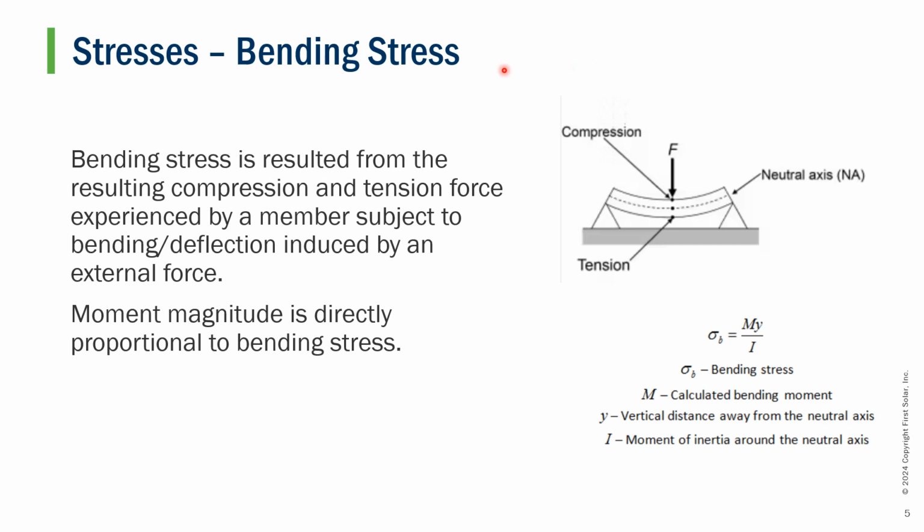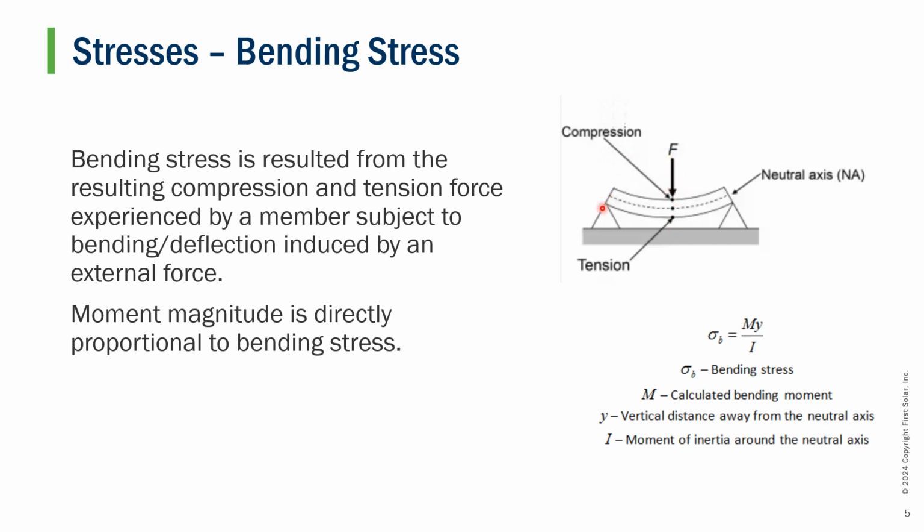Moving on to a different kind of stress you may see yourself looking at in the FE exam, bending stress. Bending stress is a stress resulting from the compression and tension force experienced by a member subjected to a bending or deflection induced by an external force. In looking at this beam, we see that there is a force applied to the center of it, causing it to bend inwards or deflect.